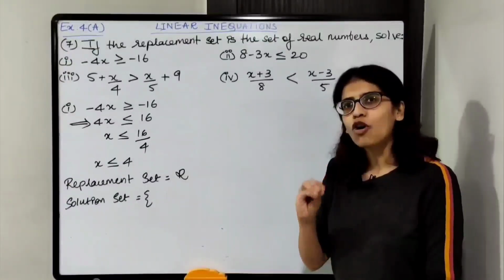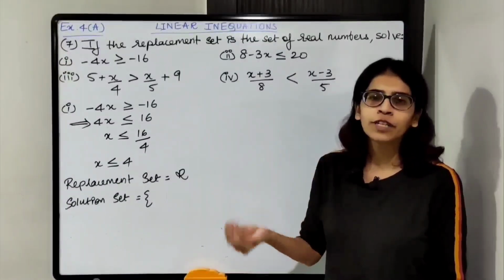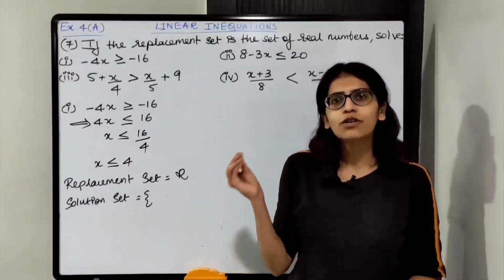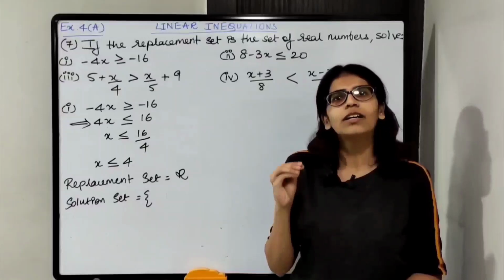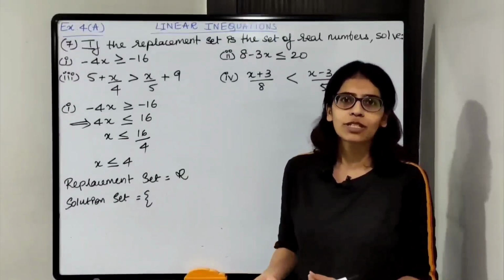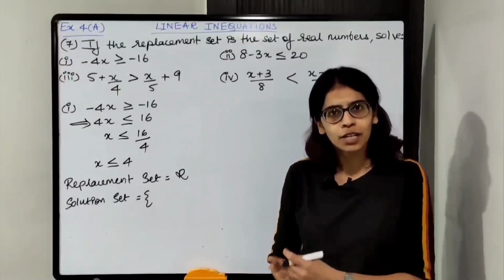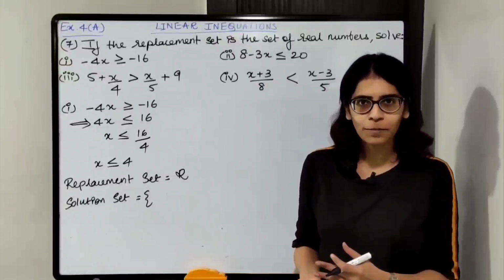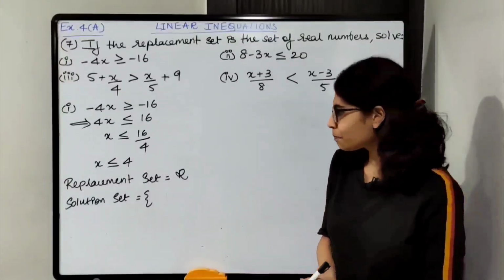Okay, so we have already discussed this in introduction video. Students, if you don't know how to write in set builder form, please refer to the link in description. Okay, introduction video mein I have explained how will you write down the solution set for different conditions. Real numbers के लिए क्या होगा, whole numbers, natural numbers, integers and everything. Okay, so please refer to that.